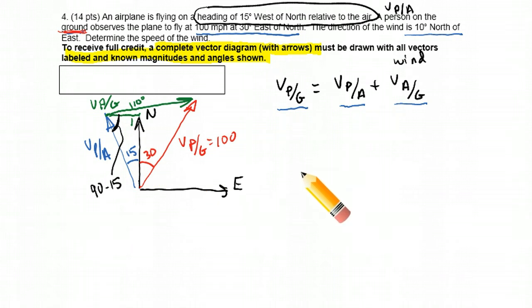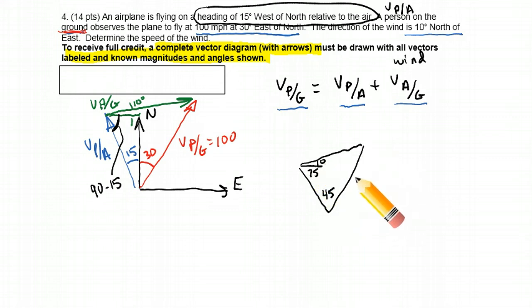So let me redraw things just to clarify. We have a triangle. We have 45, 10 and 75 degrees, and we know this side is 100. I want to erase this and write it in as 85 to make it a little cleaner.